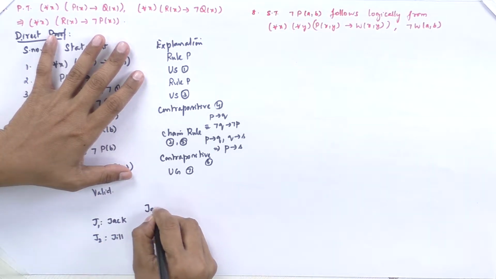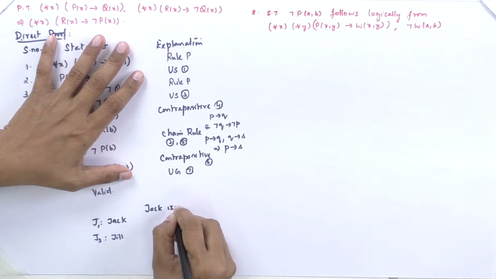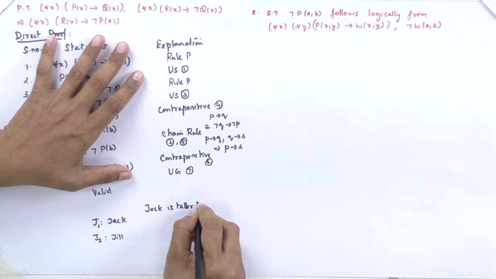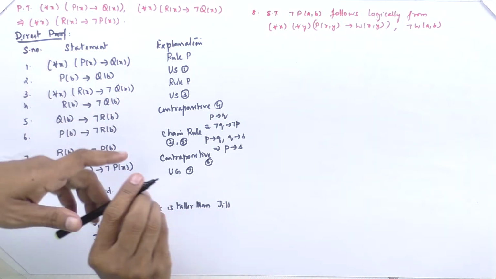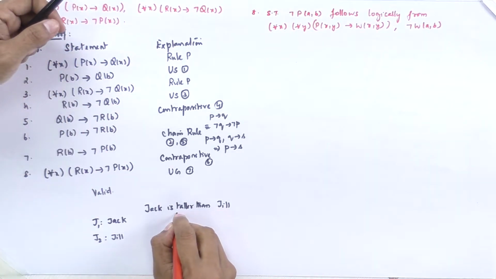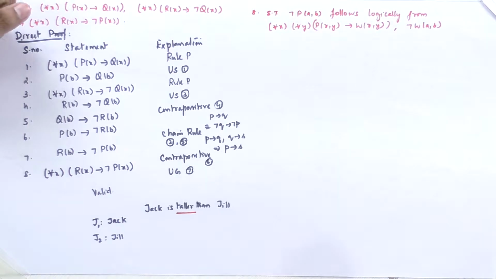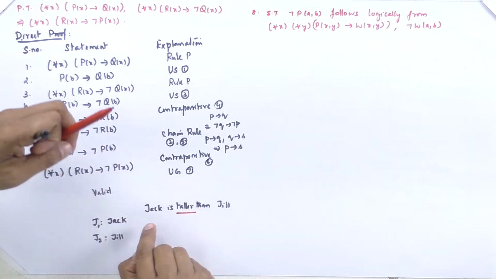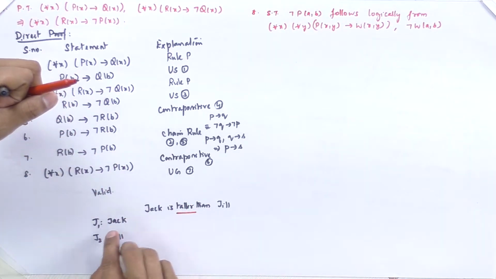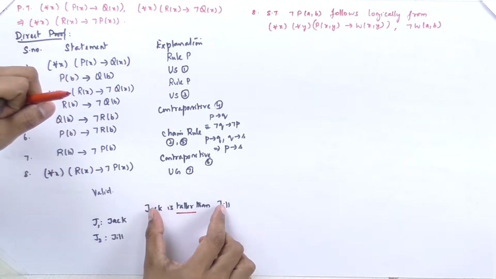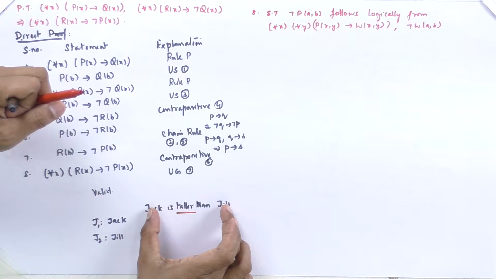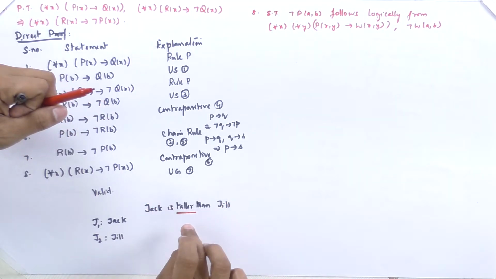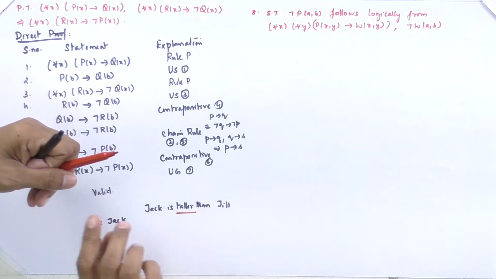So Jack is taller than Jill. How do we represent it? The predicate term is taller than, and the subjects here are Jack and Jill, which means it is a two-place predicate. This predicate is in between the two objects or two subjects, which is why it is called the two-place predicate term.